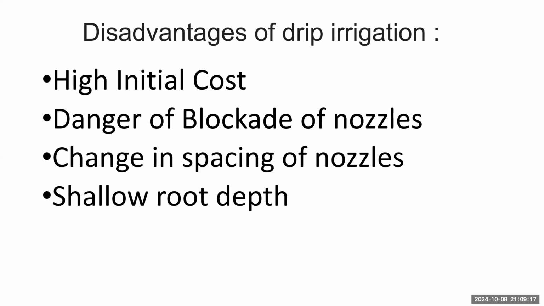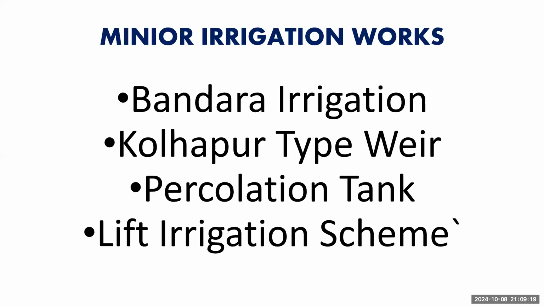So with this, we end this particular topic, methods of applying water to the crop. In tomorrow's lecture, we will discuss minor irrigation. This is the second part of unit number 5, whose title is Introduction to Irrigation Engineering and Minor Irrigation.